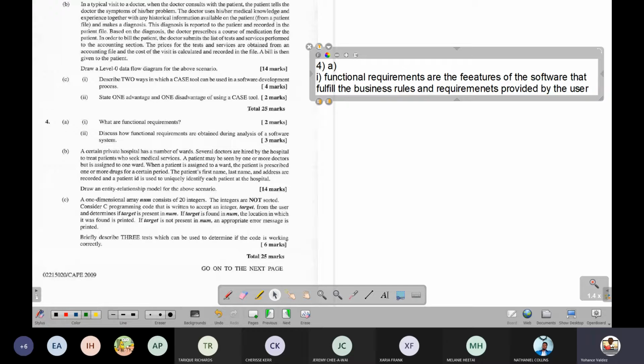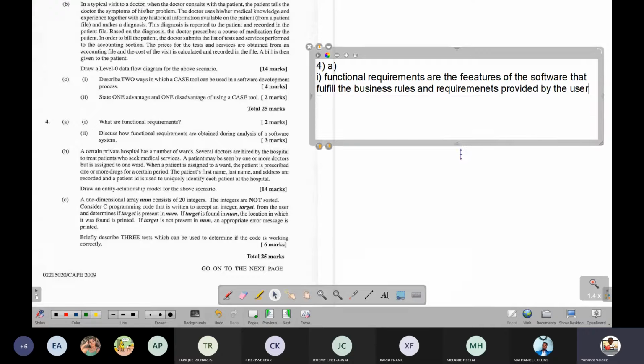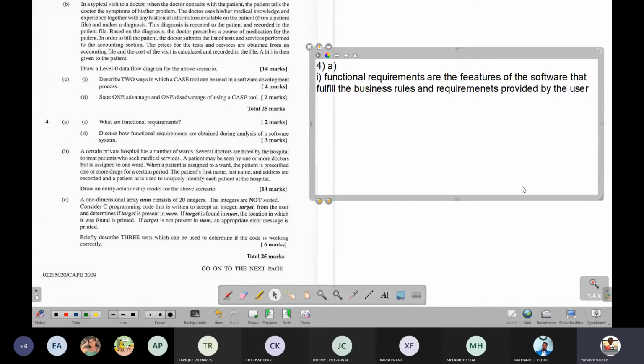I keep on saying that functional requirements are not less important than the non-functional requirements, but functional requirements are basically what allows the users to complete the task or the goals of the system, right? And maybe I could include this here.